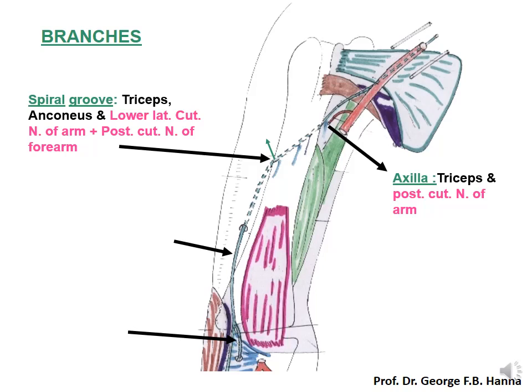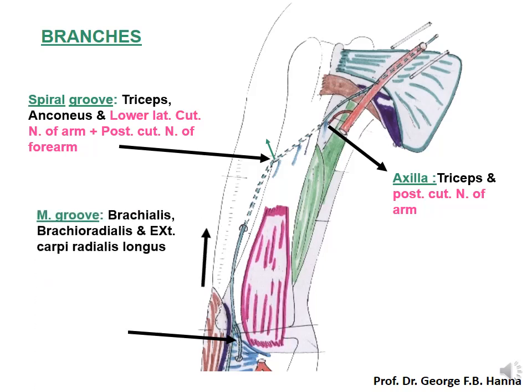Now, in the muscular groove, as it emerges after piercing the lateral intermuscular septum, it passes between brachialis and brachioradialis, and then brachialis and extensor carpi radialis longus, so it will supply these three muscles.